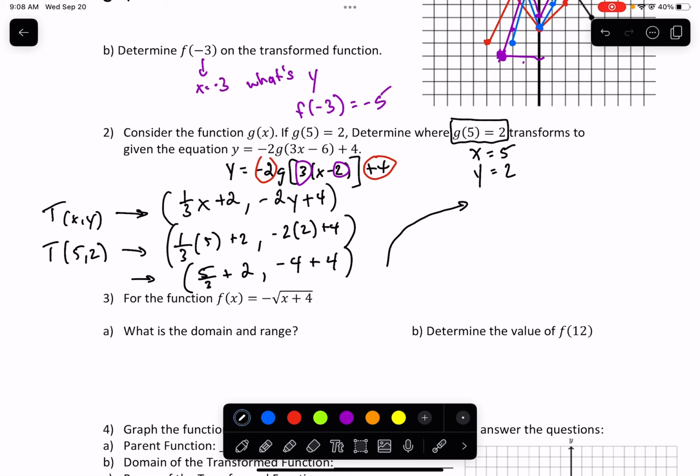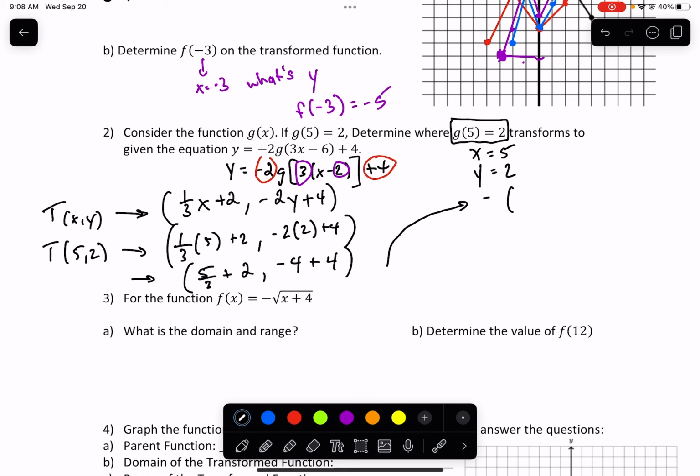So if I'm trying to add 2 to 5/3, what do I need? You need a common denominator. What's the common denominator between those? 3. Yeah, I can put a 3 in the denominator, but if I do, I also have to include that factor in the numerator. So I'm going to multiply 2 by 3/3. Is that okay?